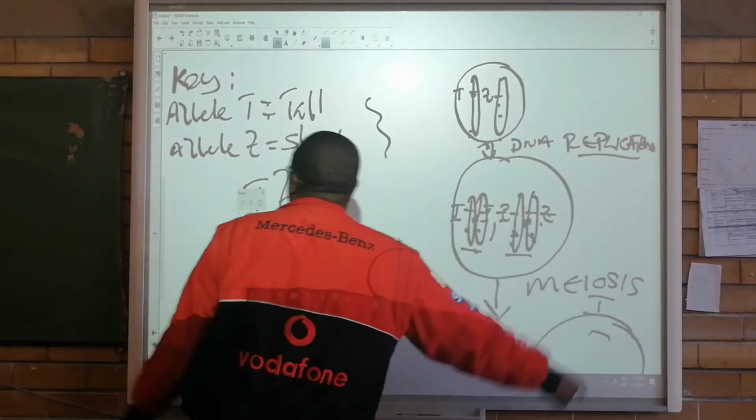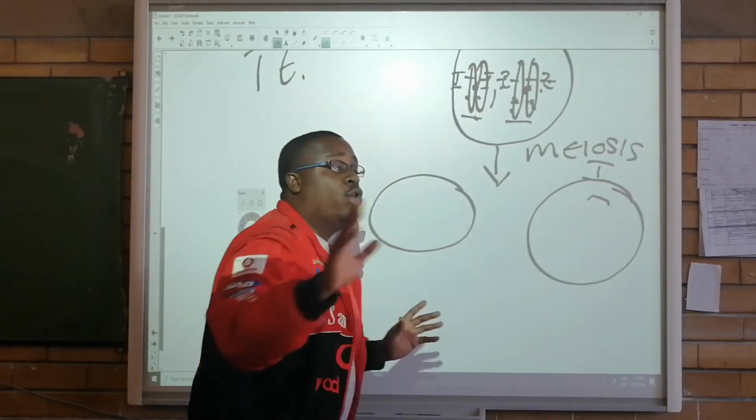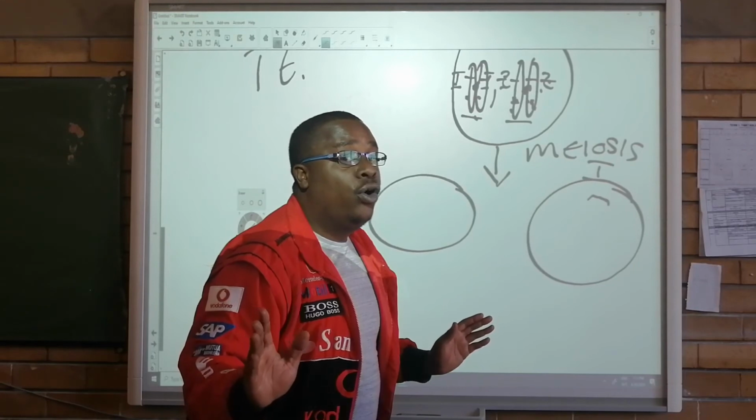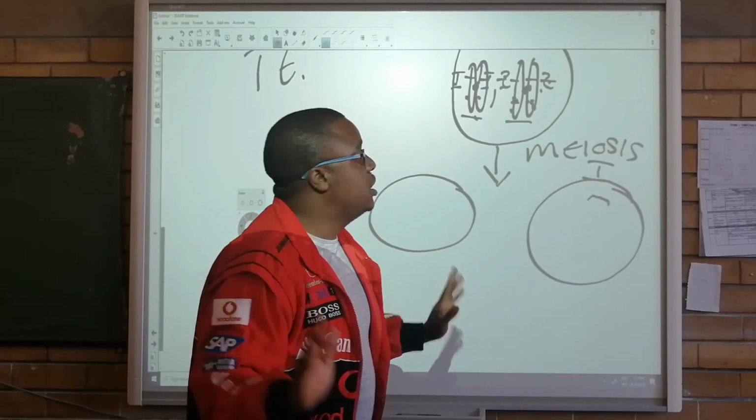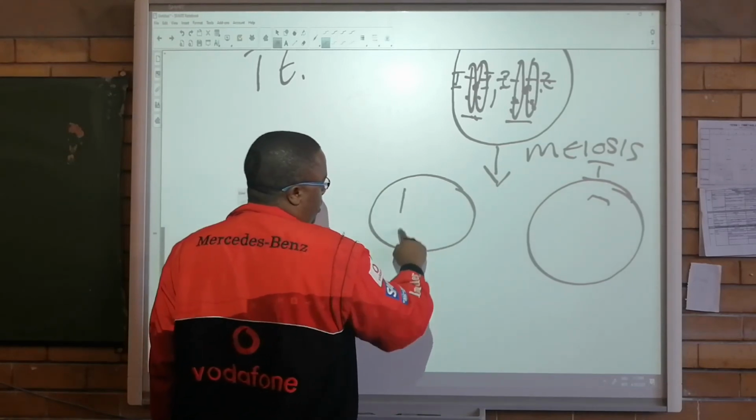At the end of meiosis 1, assuming no crossing over occurred, it means that this chromosome is going to end up in here.